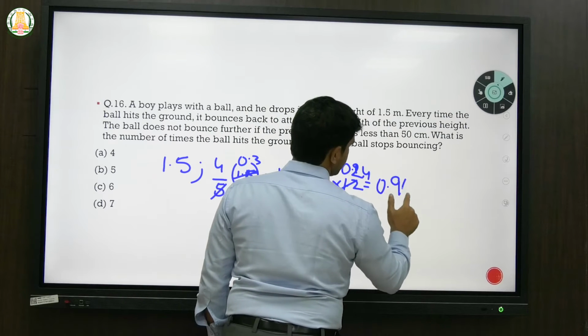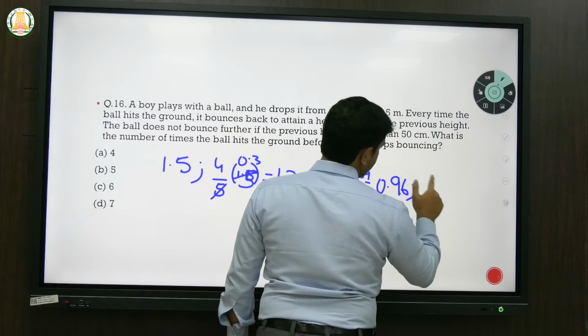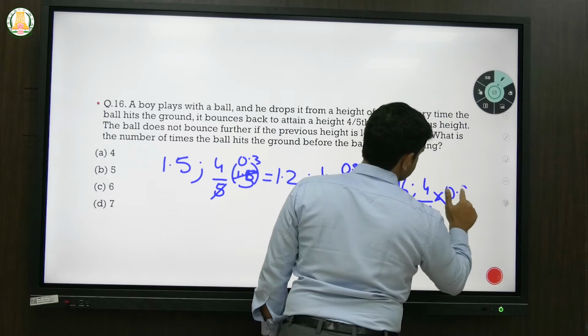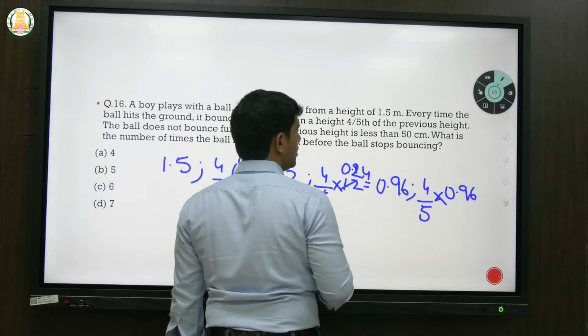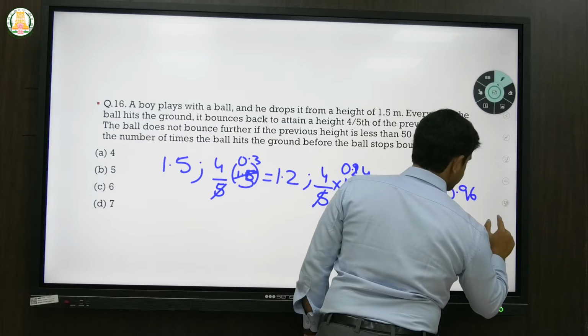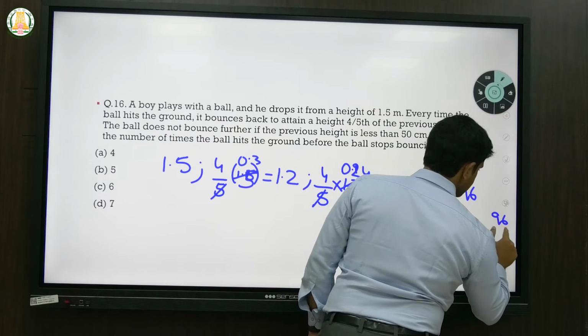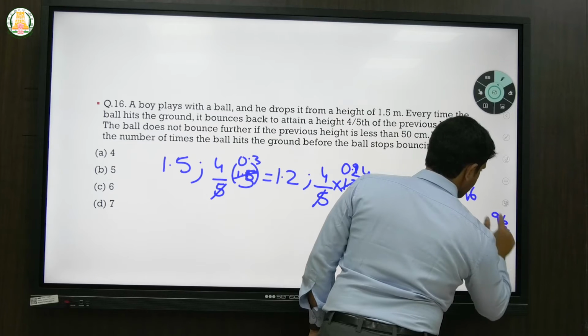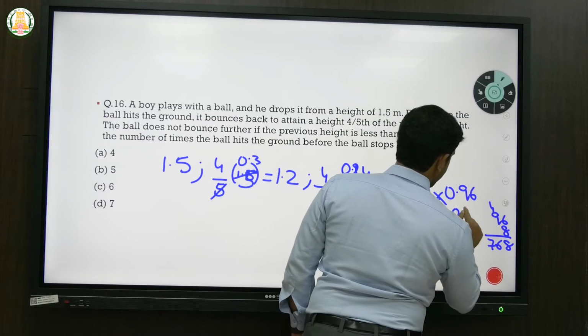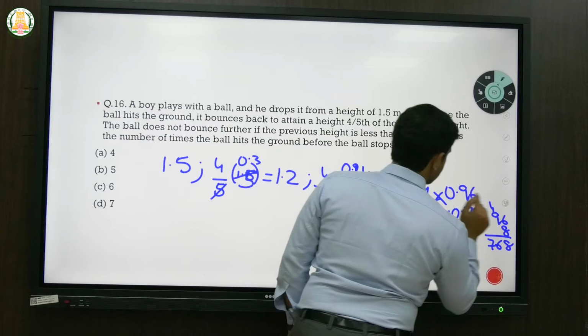Yeah, 0.96. You again put 4 by 5 of your 0.96, which will be, wait, I think I have to do my maths again. So this will be 0.768. Yeah.